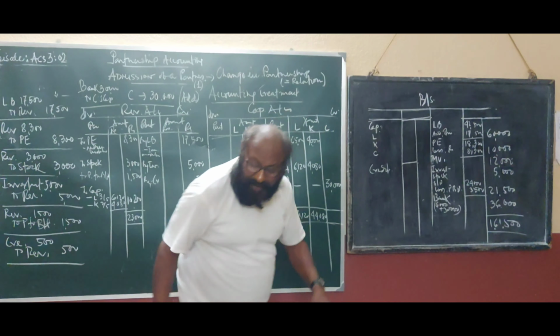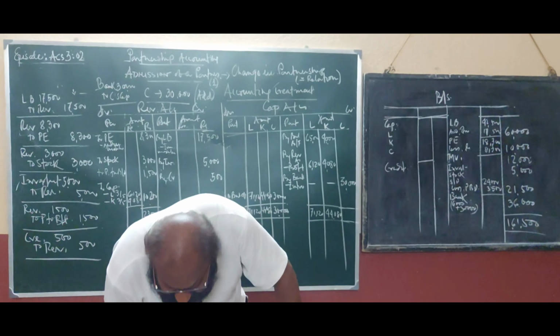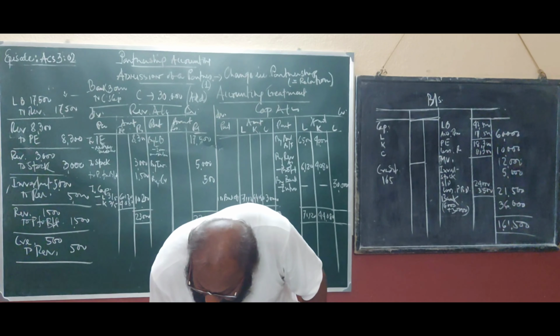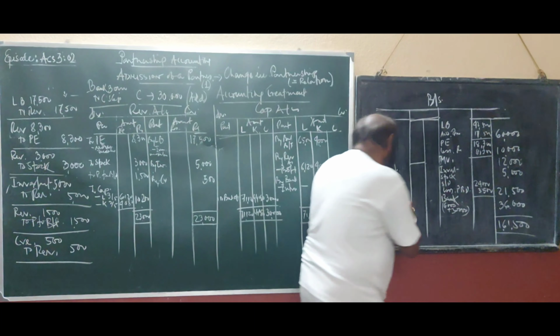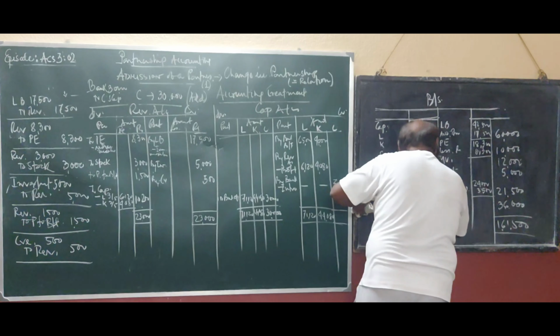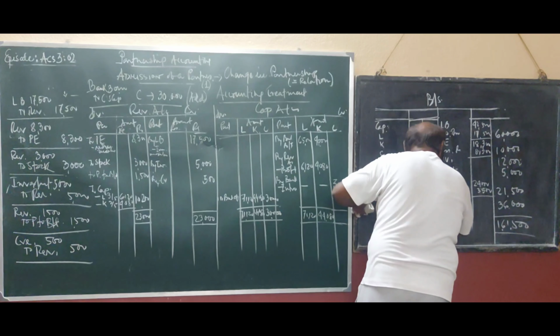Our creditors were 16,800 it was. 168 less 500. So it would be 16,300.